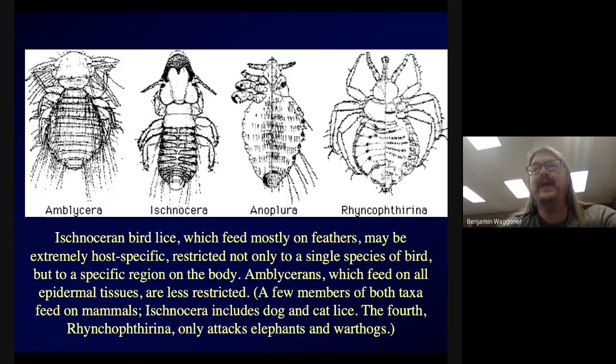And this kind of thing is what Rhynchoptherinans have. So that's one on the right. I don't know that they've been studied very much, probably just because it's difficult to get close enough to an elephant to get a close look at its lice. And there's only a few species of those, but there is one of them diagrammed on the right.